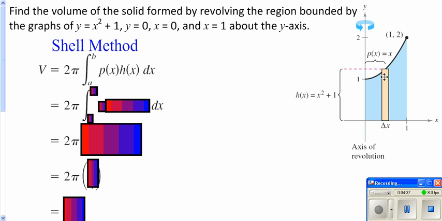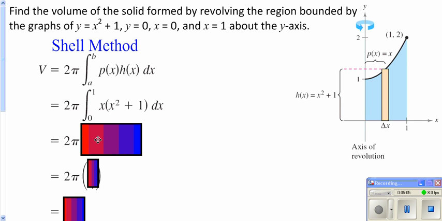How far over you are here is that average radius, which is just x units over, times the height, which is your function, x squared plus 1. Now you're integrating with respect to x's, so it's going to go from 0 over to 1.